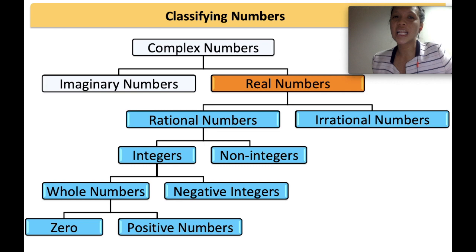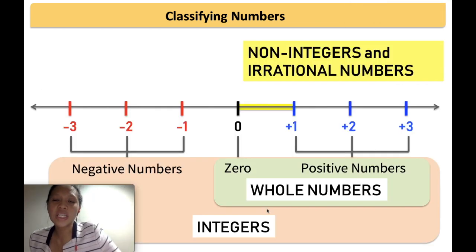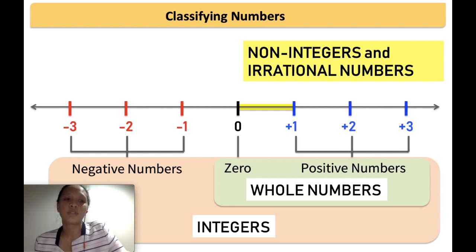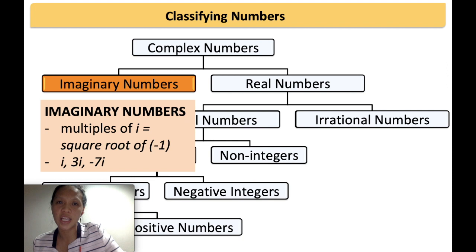So far, lahat ng na-discuss natin are real numbers. So, here's our number line. Ang ating irrational numbers ay makikita rin in between our integers. Katulad ng ating non-integers. Kasi nga, di ba, they are both decimal numbers. Okay? So, if we have our real numbers, meron tayong tinatawag na imaginary numbers.